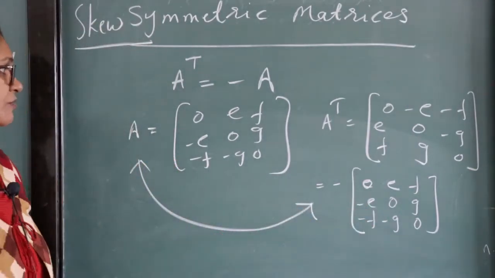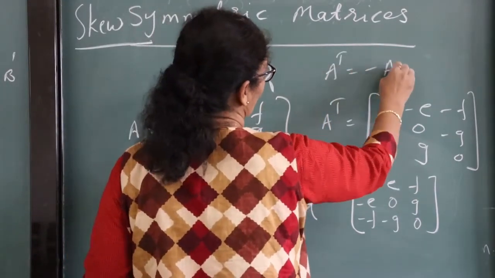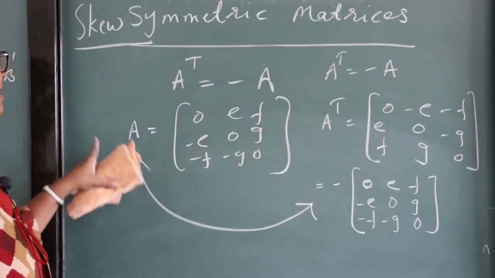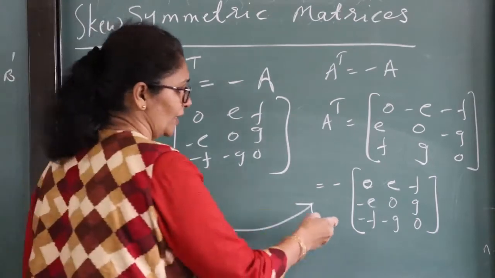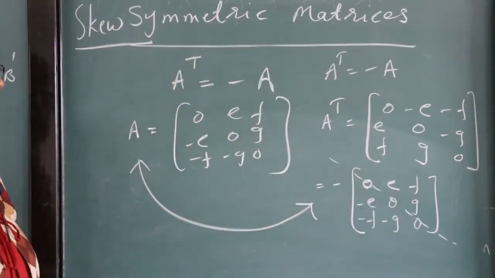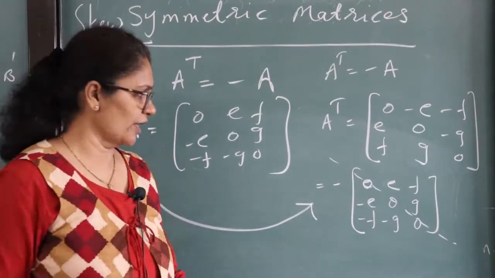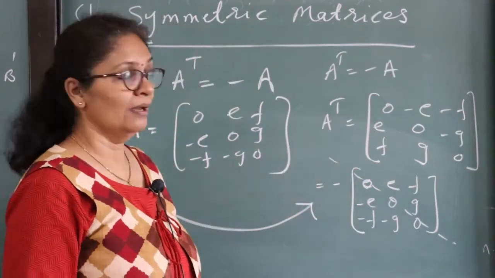What is the meaning of it? When you write the transpose of any matrix and you find it is equal to your original matrix with a minus sign, then you can say it is a skew symmetric matrix. Now remember, in a skew symmetric matrix the principal diagonal is always 0. Then what you have to check is that the upper part has a plus sign and the lower part has a minus sign.